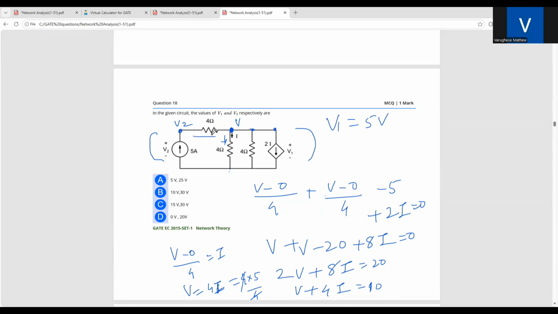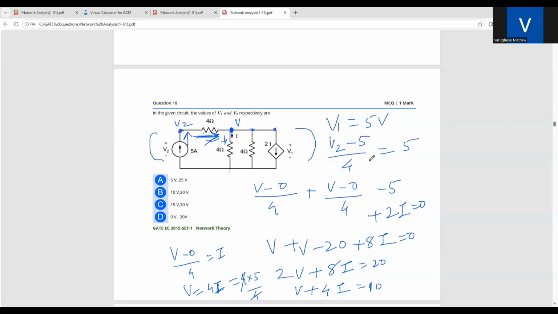And what is this current? V2 minus V1 by 4 is this current, right? V2 minus 5 by 4 is this current. This current is 5 ampere.